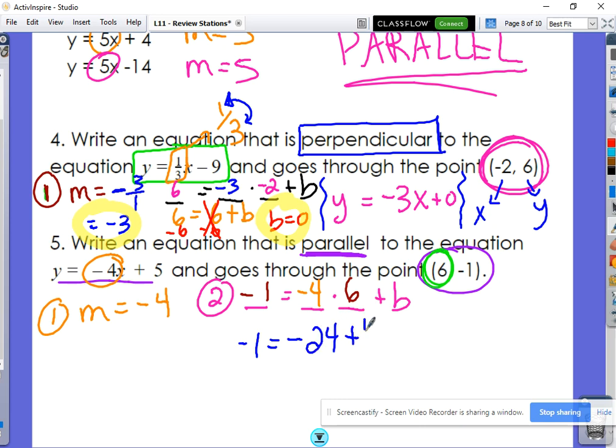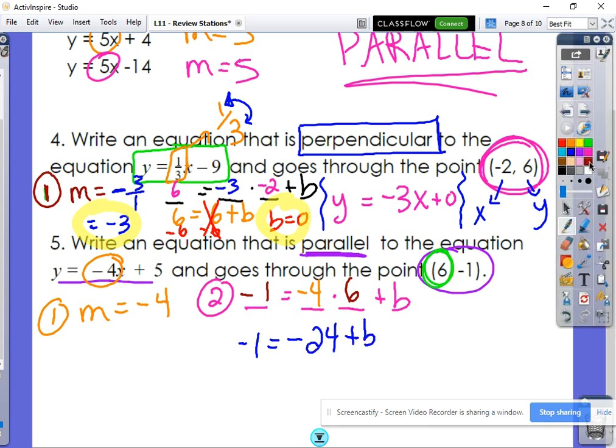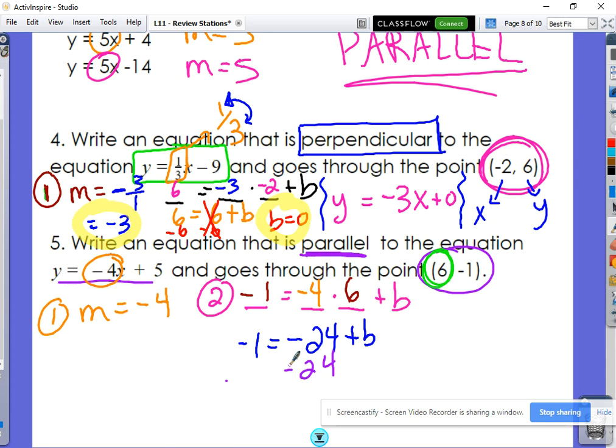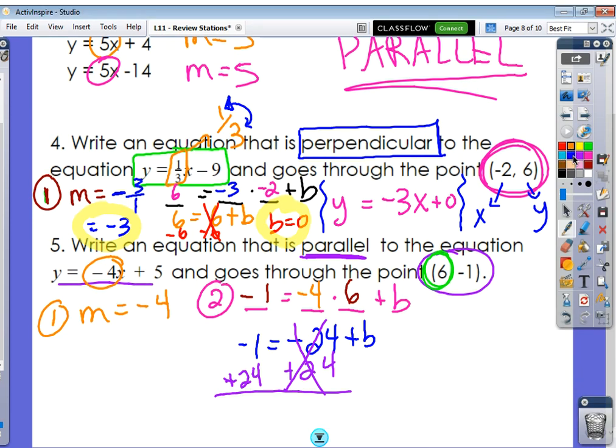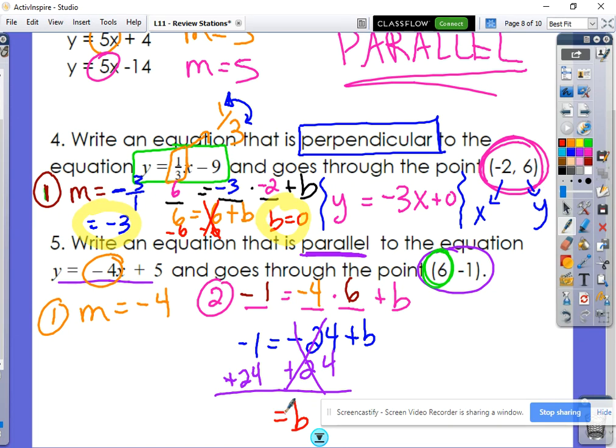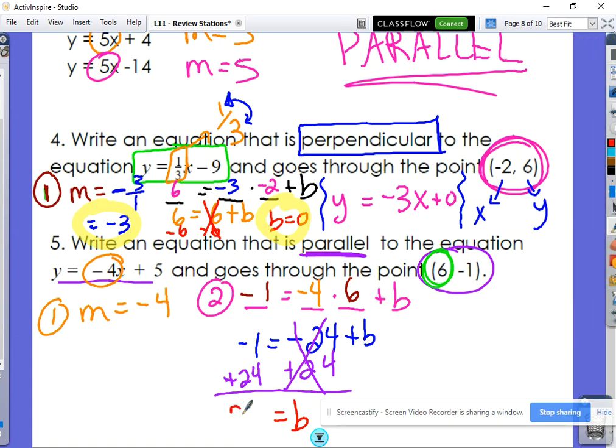Let's solve for b by subtracting 24 over. Excuse me, not subtract 24 over, add 24 over. So we're going to add 24 over. The 24s cancel out. So last but definitely not least, our b value is equal to -1 plus 24, which gives us 23.